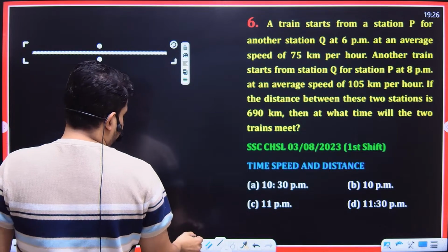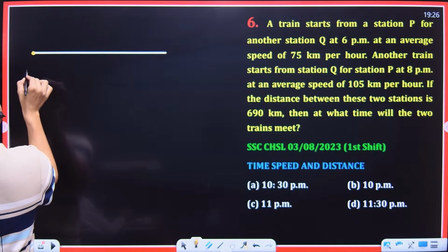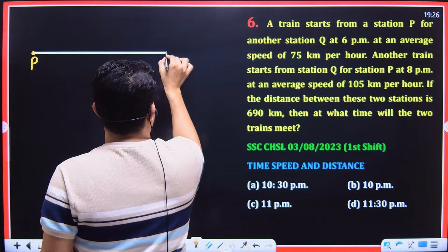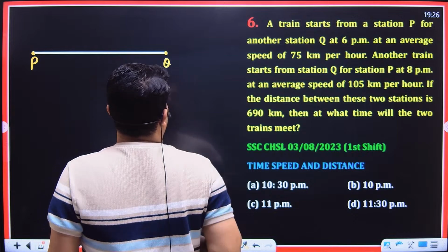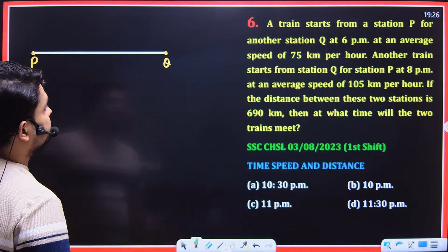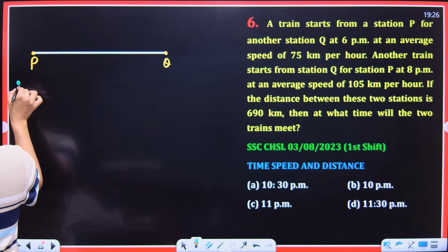Suppose this one is my station P, and this one is my station Q. We have a train here. Suppose X is the train.